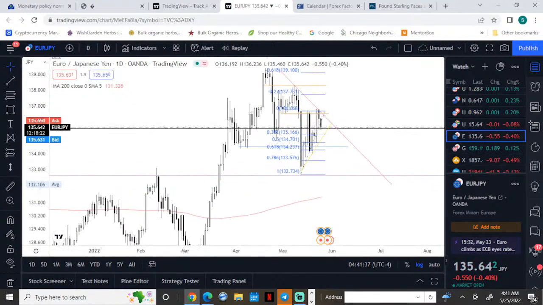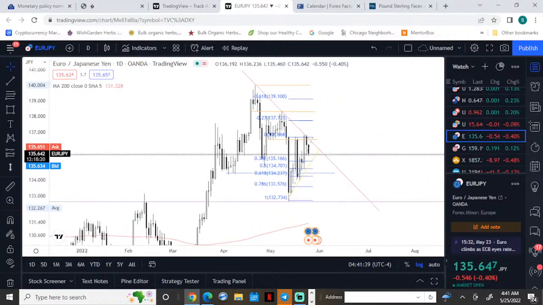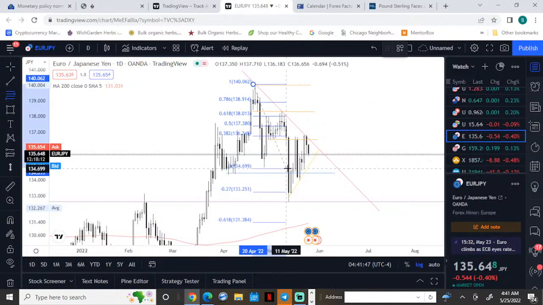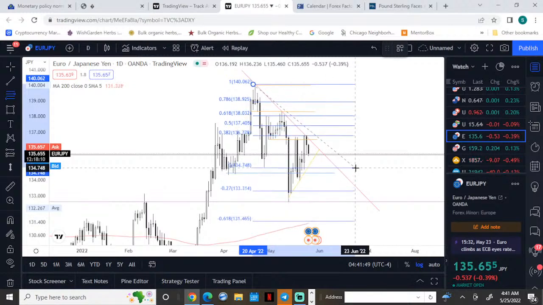Let's see where we are on the daily fib. What is happening? Got point A, point B, right here at this wick.